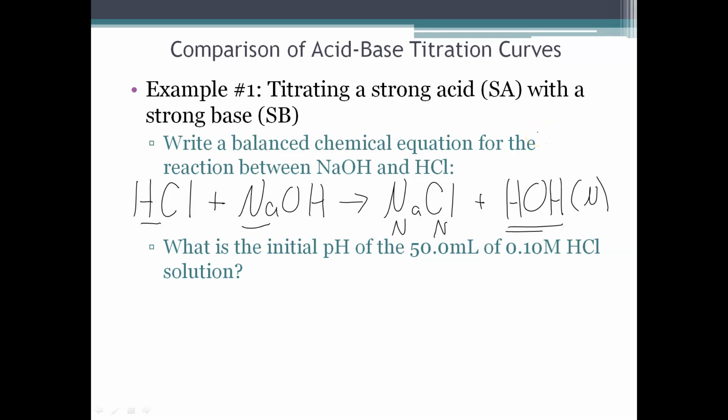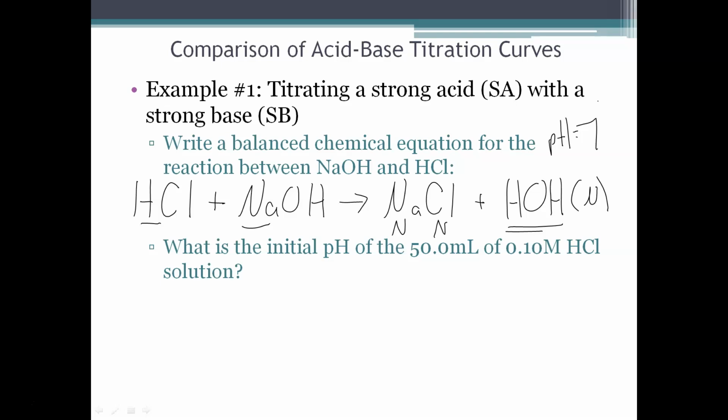So when we have just product left over, at the equivalence point, when we have no reactants left and just product, our pH should be neutral, which is 7. And we're going to see that as we go throughout the lesson today.